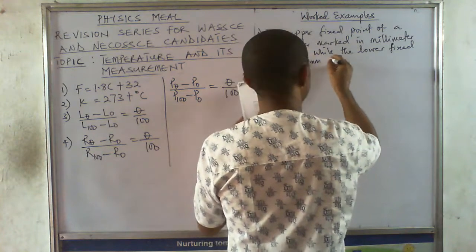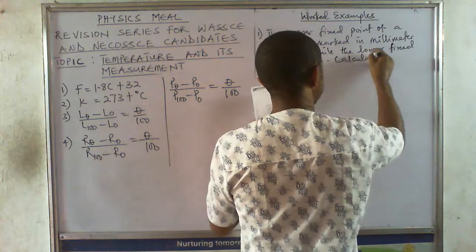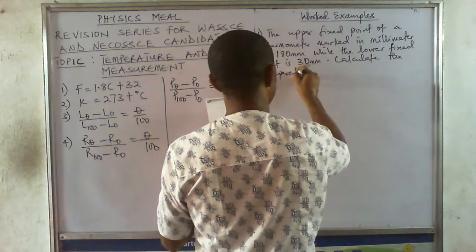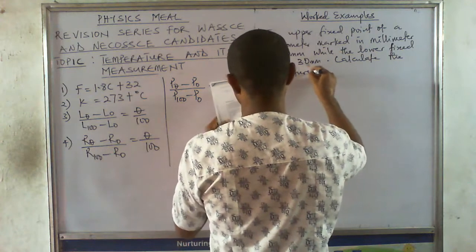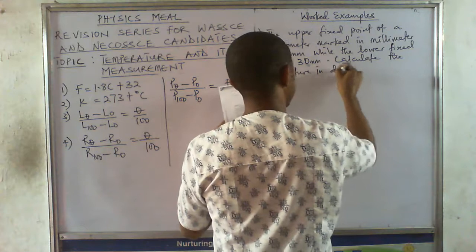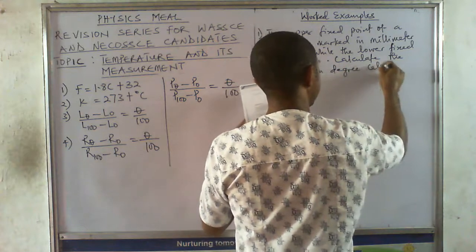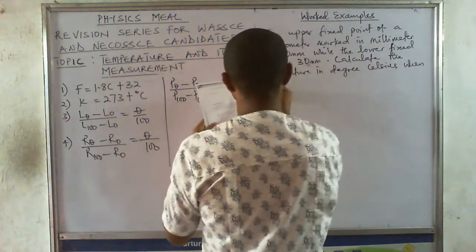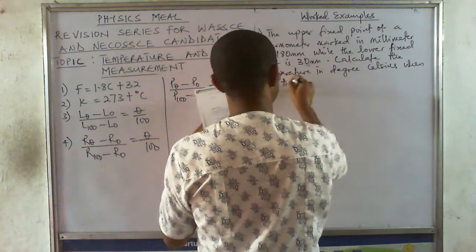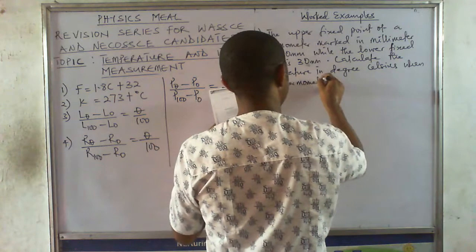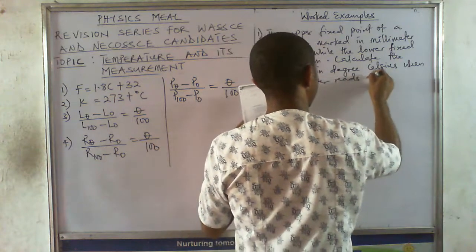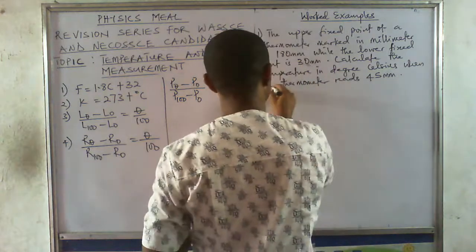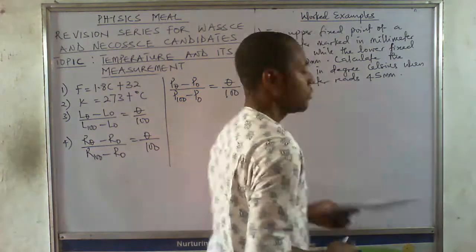Now, they say calculate the temperature in degree Celsius when the thermometer reads 45 millimeters.